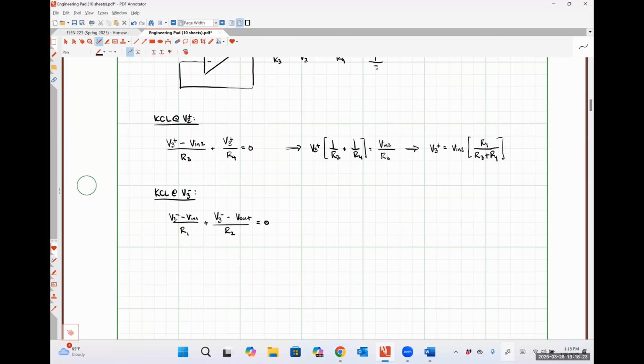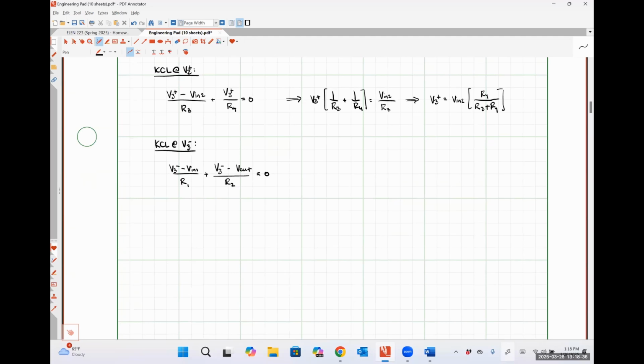And all I'm going to do now is substitute in what I have for V3 plus everywhere I see V3 minus, since I know that those two voltages are equal to each other because of the ideal op-amp rules.